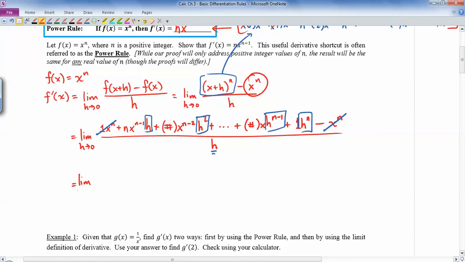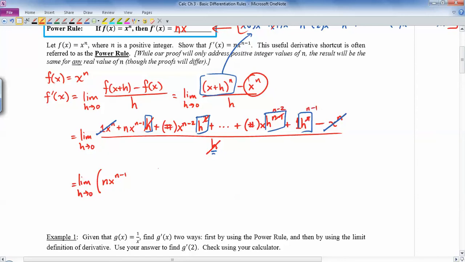Limit as h goes to 0 of, and this is after I've canceled out my h's, nx to the n minus 1, because that h cancels. I'm canceling one h from each of these.